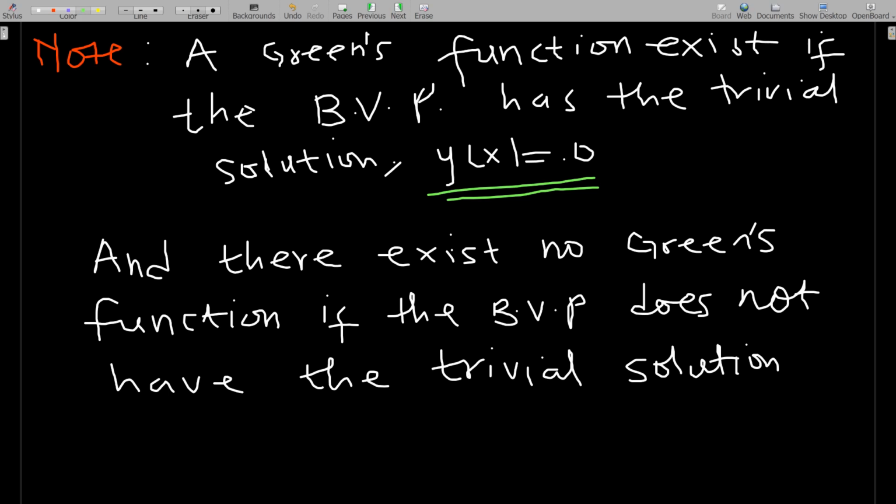If it has no trivial solution, then there exists no Green's function. So some examiners can trick you. They can give you a question where there is no trivial solution. So always check that.